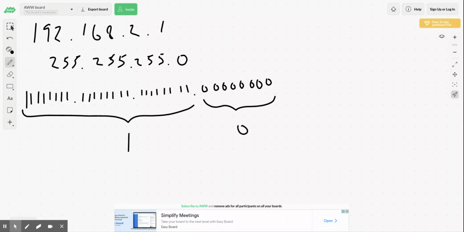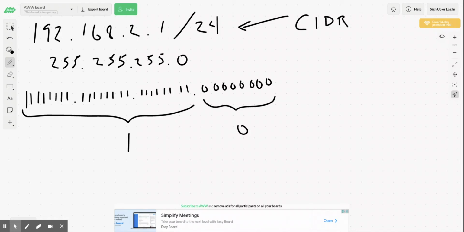Because that's the case, we have a shortened version of how to write that, and we just count all the 1 bits on the left. In this case, there's 24 of them. This notation where you do a slash something is called CIDR, C-I-D-R, CIDR notation.